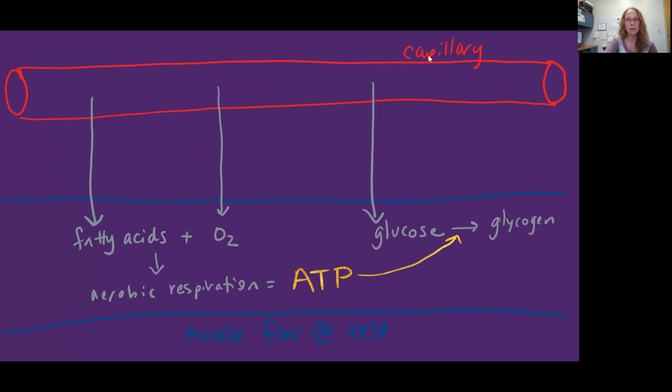That extra ATP is going to be used to take any glucose that's taken from the bloodstream and convert it to glycogen. So now we're seeing actually 3 things being taken out of the bloodstream: fatty acids, oxygen, and glucose.